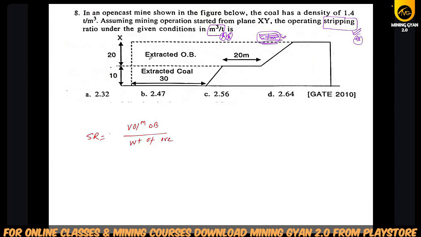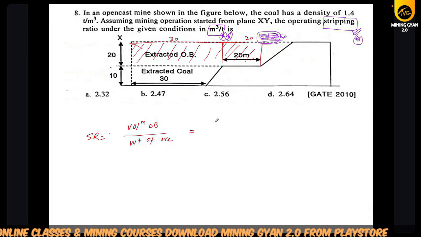To find out the volume of the extraction, because up to this the area is a rectangle. So if this is 30, this is also 30. If this is 20, this will also be 20. So up to this is the rectangle.